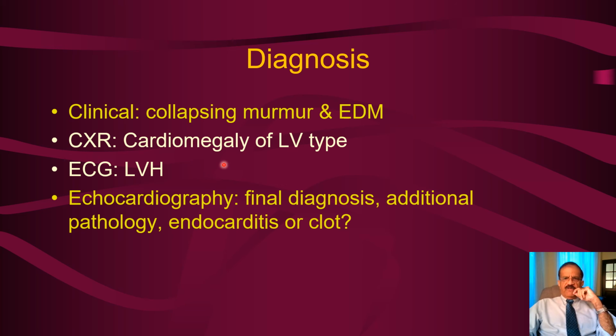ECG will show left ventricular hypertrophy, and echocardiography is the final diagnosis. It would tell you if there is any additional pathology like mitral valve disease, and if there is any clot formation, calcification, or anything. So echo is, of course, the final test.